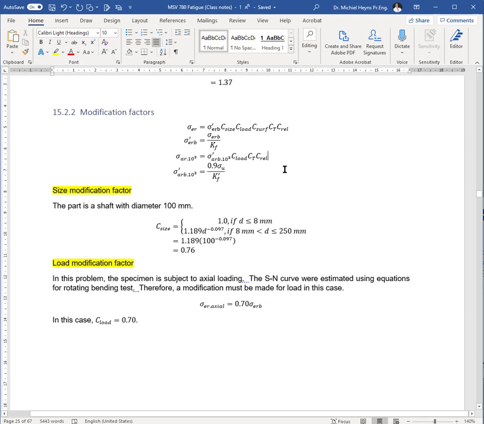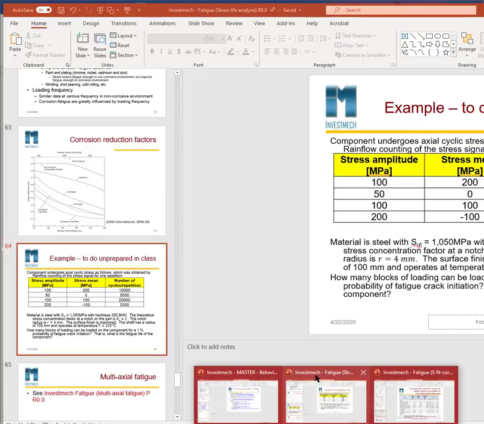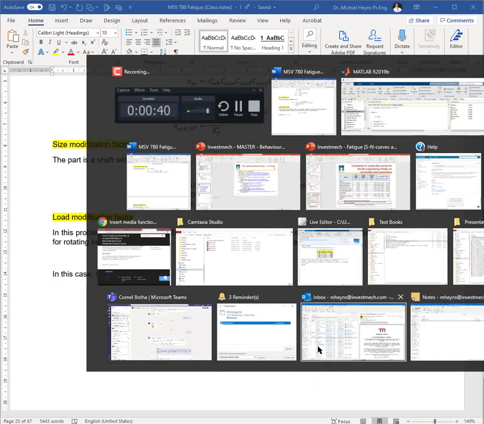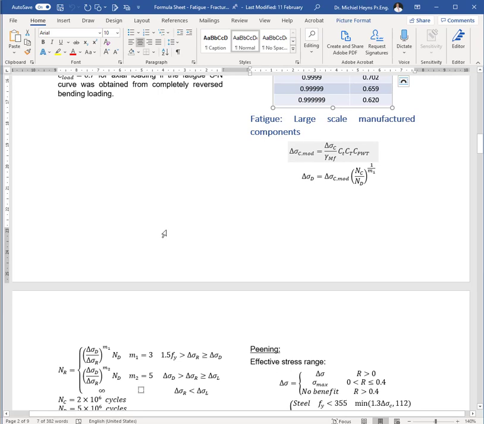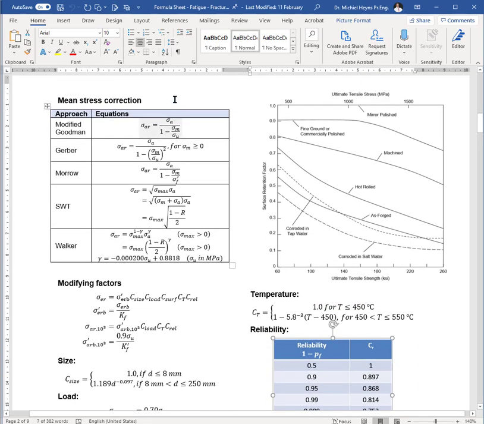And to model the mean stress effect, we are going to look at a few theories. If we go to our formula sheet, I've summarized them there for you. We have the modified Goodman, and we know the modified Goodman works very well for many materials.